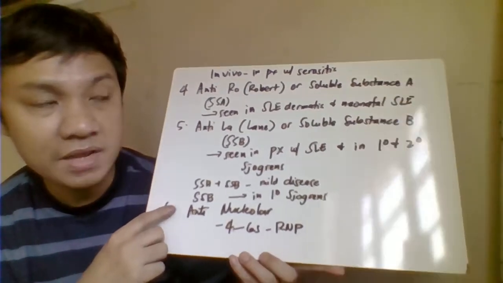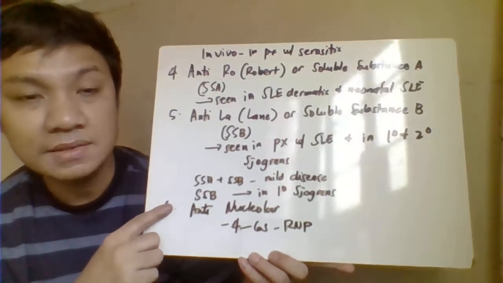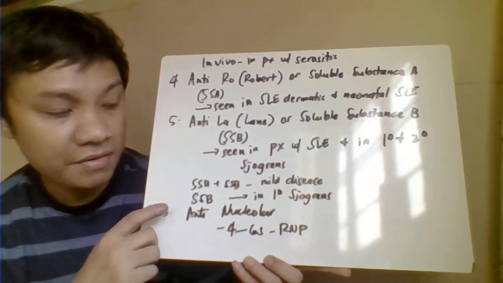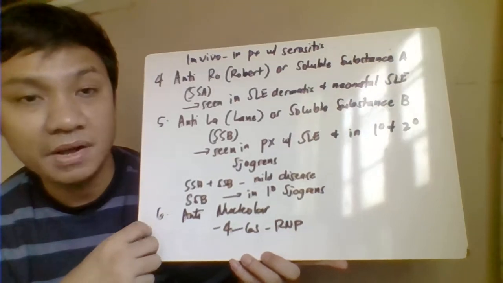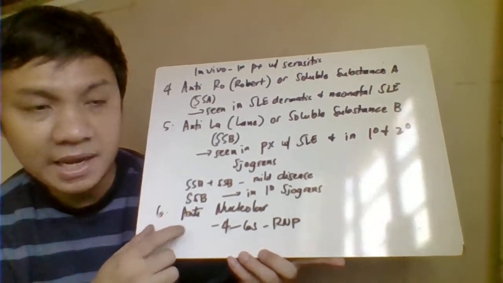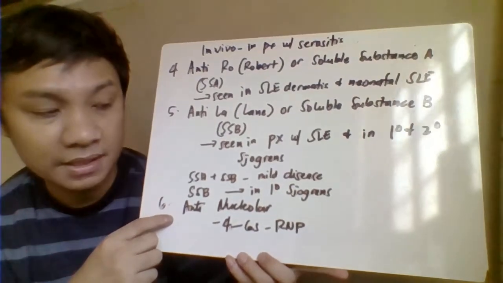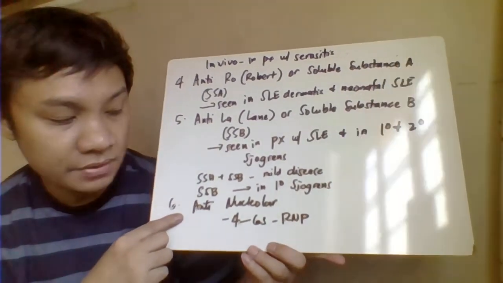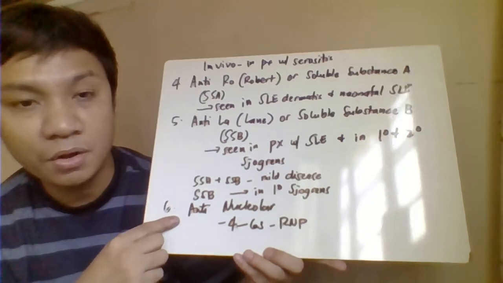So only if you have the presence of both SSA and SSB, that signifies a mild SLE disease. But if you have only the SSB, that signifies your Sjogren's. And lastly, we have your antibody, anti-nucleolar. Okay, this is your antibody against your 4,6S ribonucleoprotein.